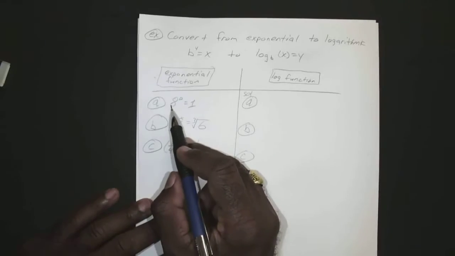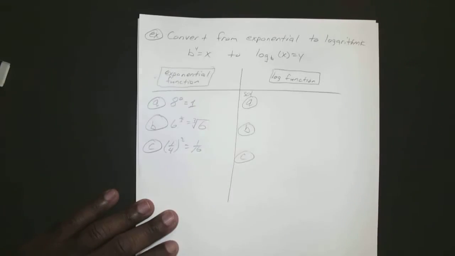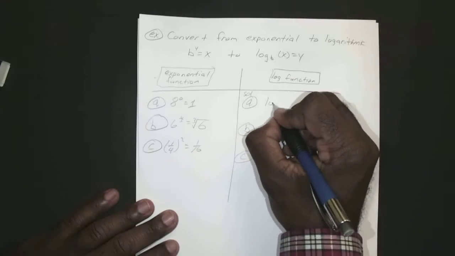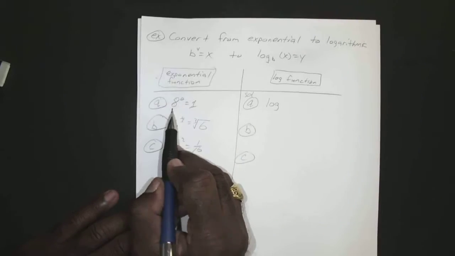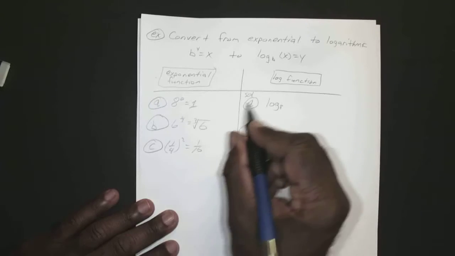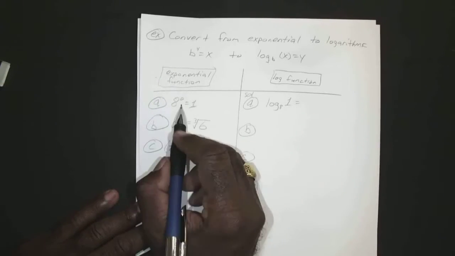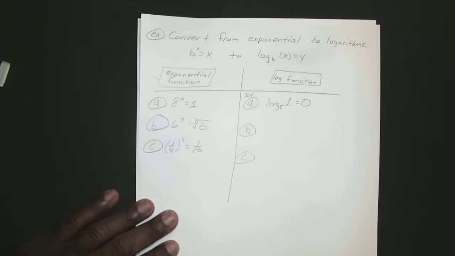So you have b to the power of y equals x. So here, you have log base b, which is 8. Your x is equal to 1, and your y is equal to 0. So 8 to the power of 0 equals 1.